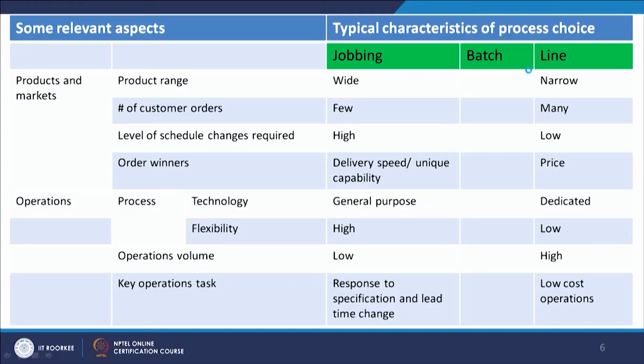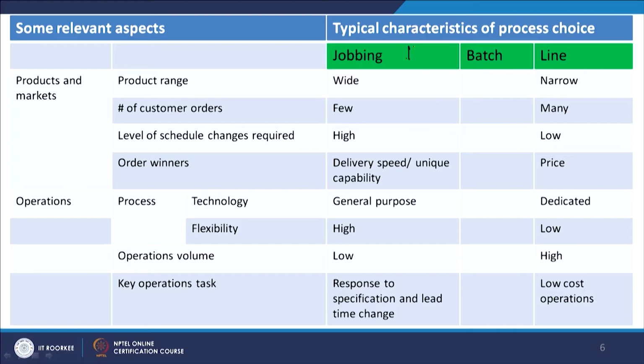So, let us see that we have some relevant aspects on the basis of which we would like to see what type of characteristics our process must have, and accordingly we need to invest, we need to put our resources to achieve those characteristics of our process.